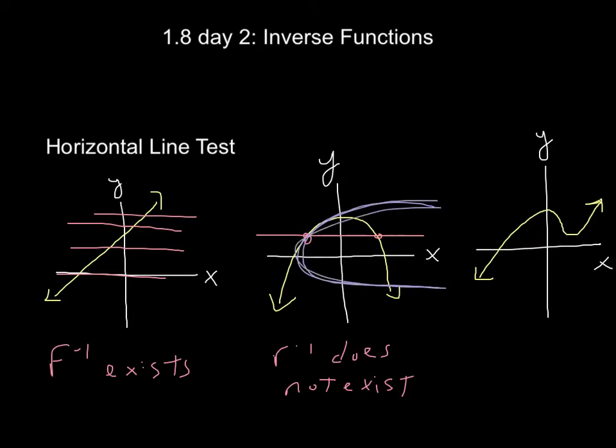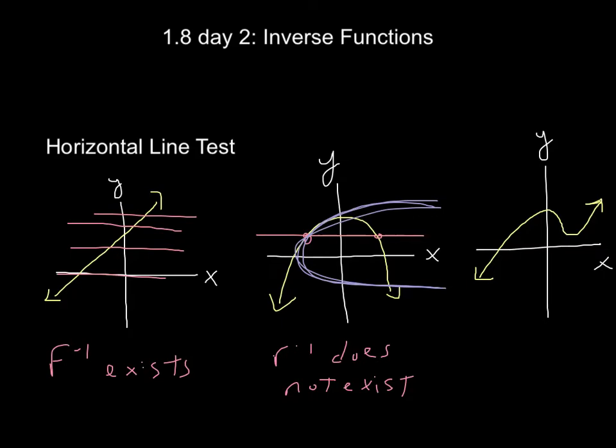And if I do that, then that purple graph is no longer a function. So that means I don't have an inverse function for the original function f. Because when I interchange the domain and range, I end up with something that fails the vertical line test, which means that it's not a function.